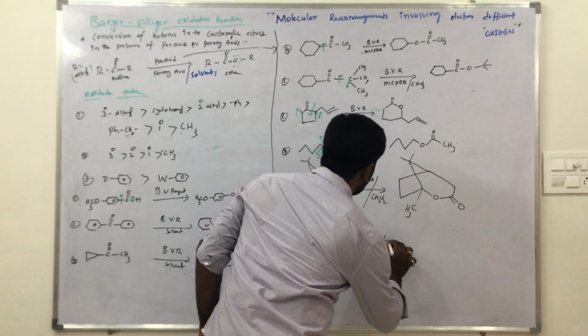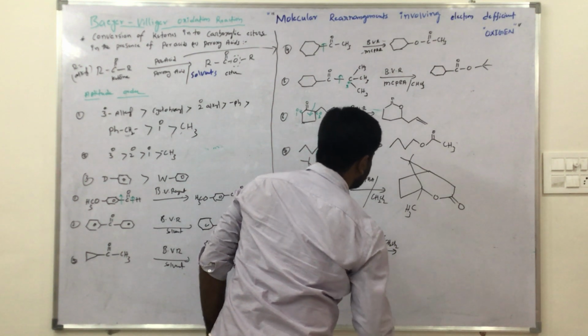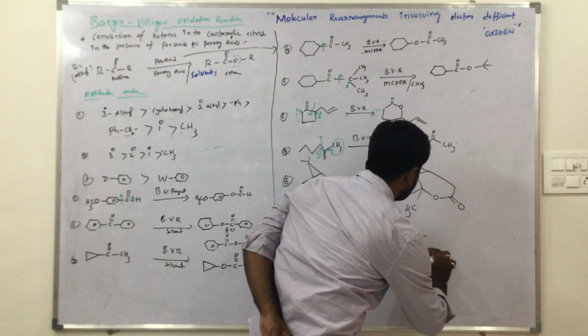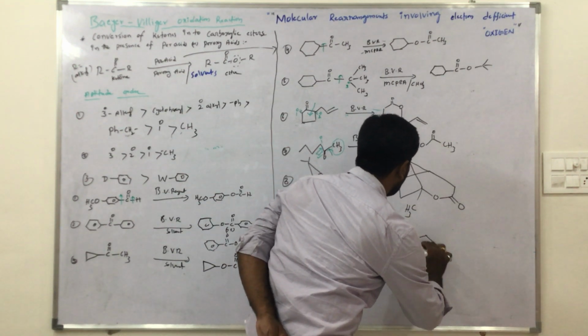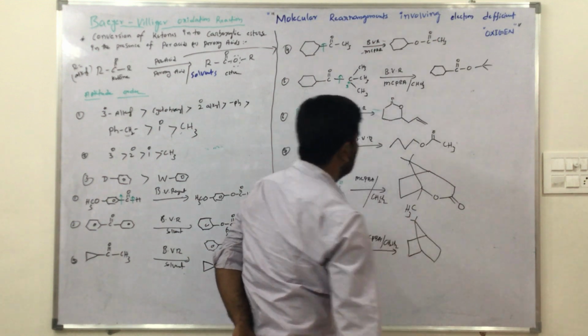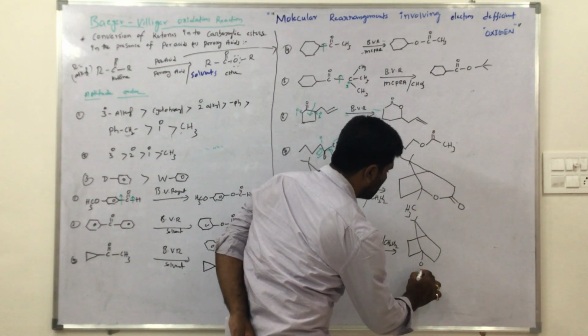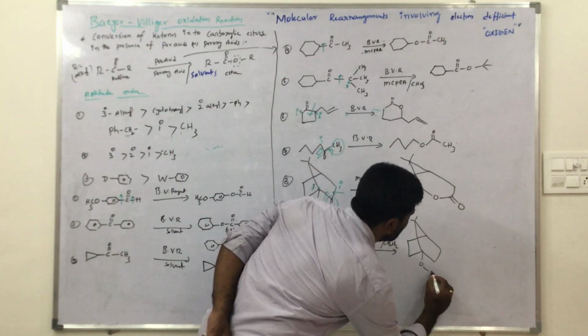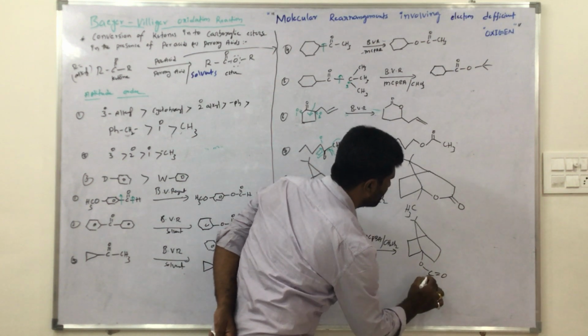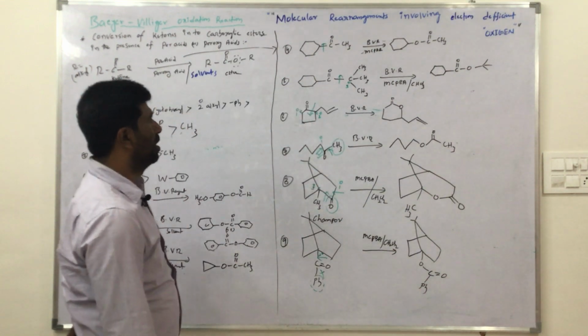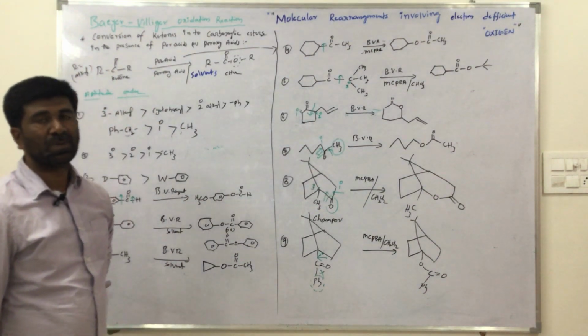Now with MCPBA, CH2Cl2, the product is two methyl groups, and oxygen insertion takes place here, and C double bond O here, phenyl group, right?